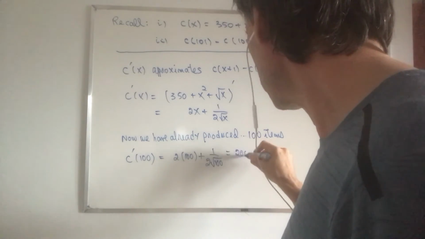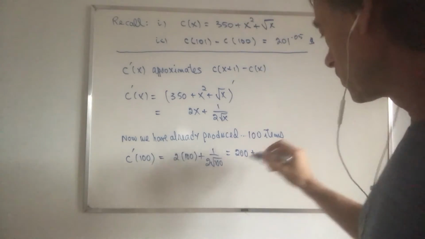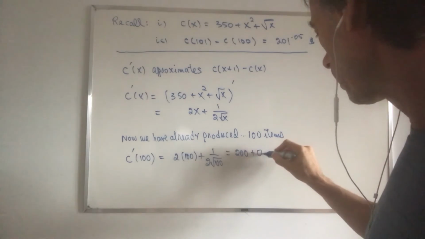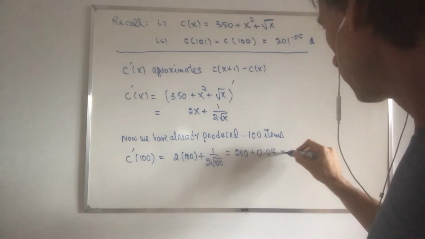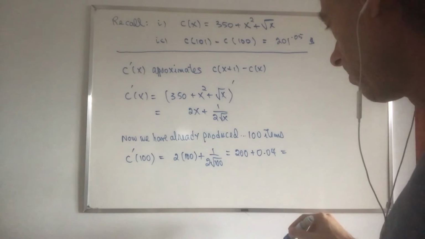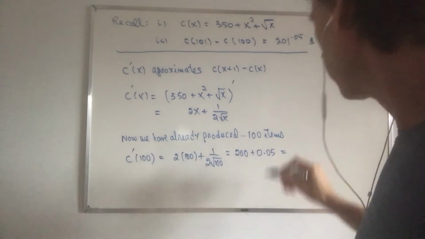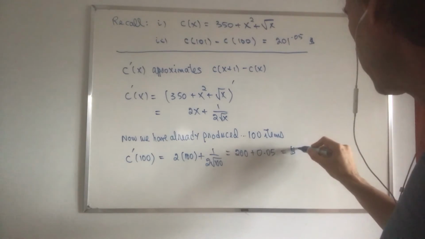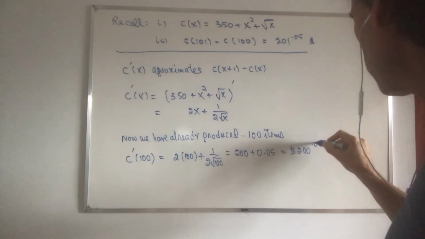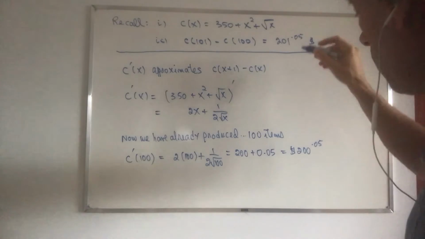That's 200 plus 1 over 20, that's 0.05. So that's $200.05. Compare this to that.